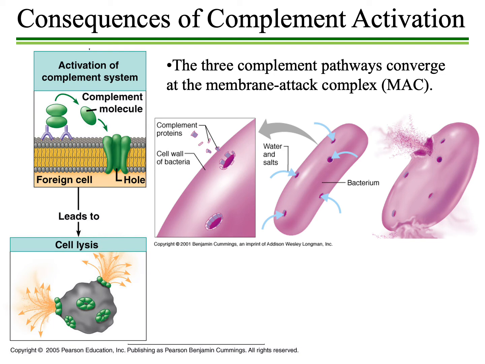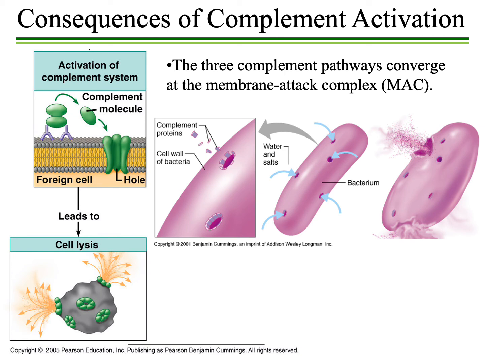So the MAC is a complex of proteins that form a pore or a hole in the microbe cell wall. It is activated by complement system components, and these activated components, again, allow for the holes to be formed in the cell wall.